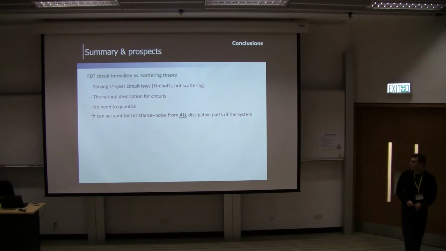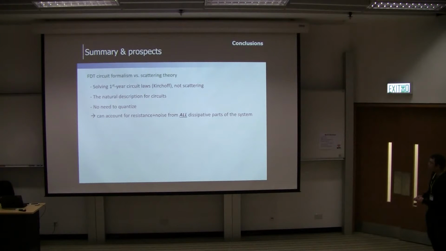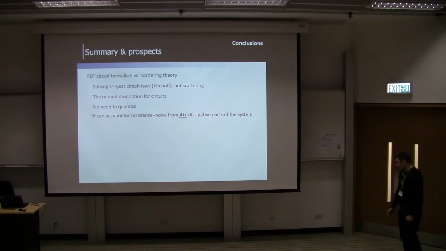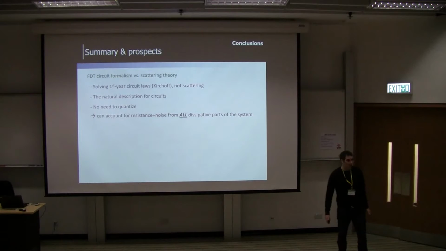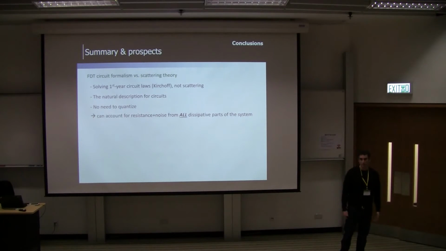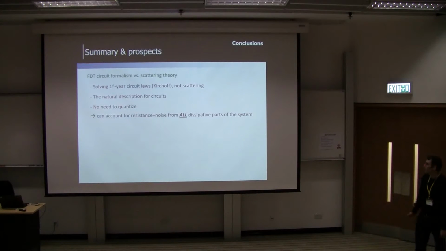So it's a nice opportunity to remember how to solve Kirchhoff laws. I think for a circuit, it's a much more natural description anyway. You don't need to quantize. It's not that I don't like to quantize. It's just that when you have losses, if you want to quantize, you have to introduce these fictitious other fields, and then to trace them out, well, what's the point? You just take the fluctuation dissipation theorem and go on.